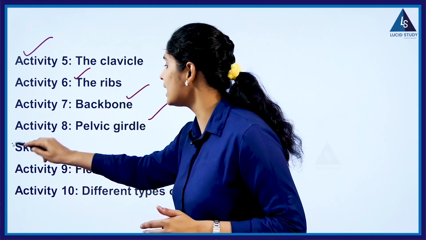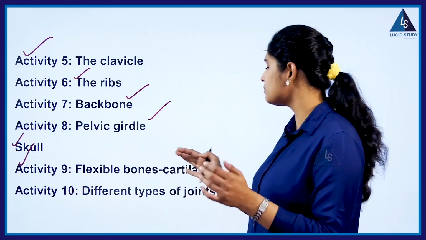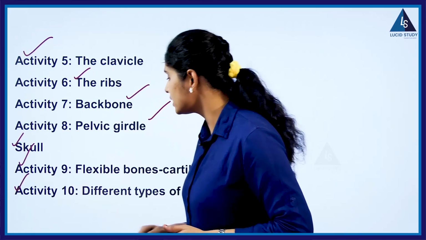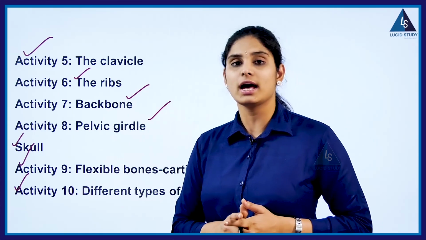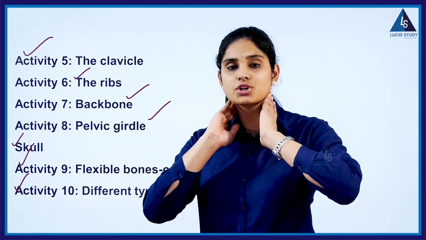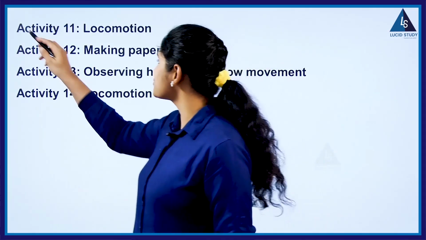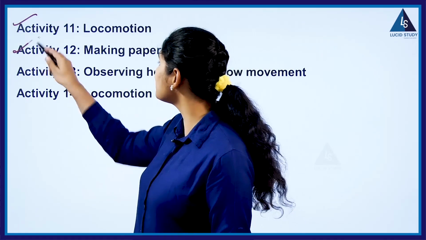Then we are going to see about our skull. Then activity 9, the flexible bone and the cartilage, right. Then we are going to see activity 10, different types of joints. Yes, we have different joints where each and every joint has a specific function. Activity 11 talking about locomotion. Activity 12, we are making a paper boat.